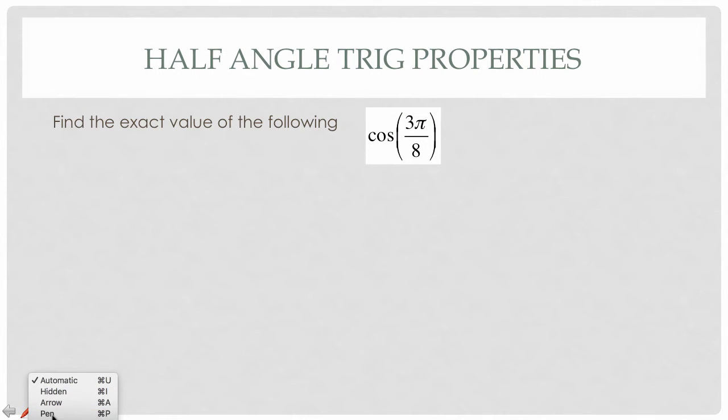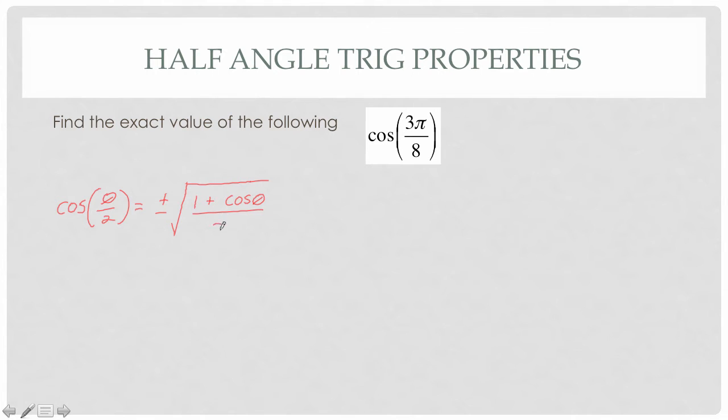So in our formula, the cosine of half of an angle is equal to plus or minus the square root of 1 plus cosine of whatever that angle is divided by 2.